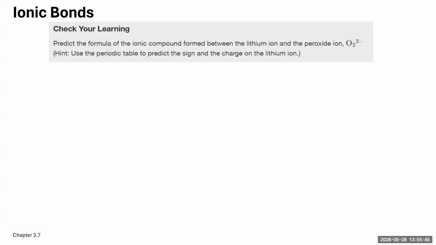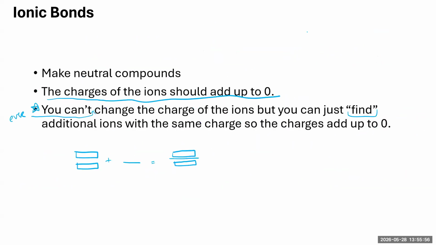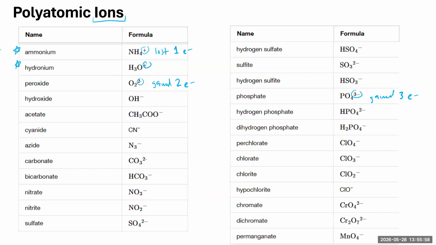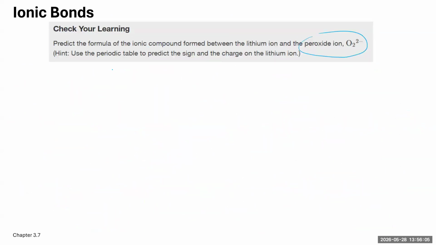All right, predict the formula of the ionic compound formed between the lithium ion and the peroxide ion. And just to remind you, right, peroxide is O2, 2 minus. So let's do that. All right, so we have lithium. Lithium is a 1 plus. Peroxide ion is a O2, 2 minus, right?